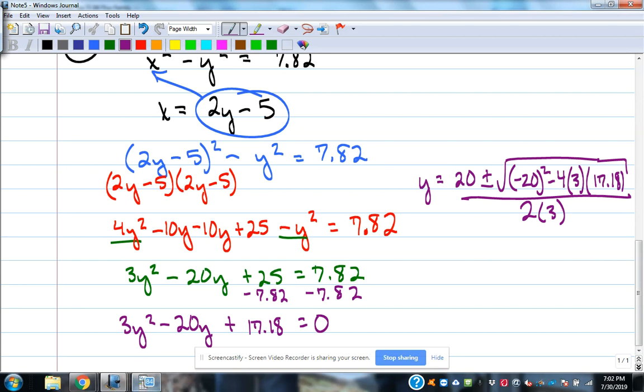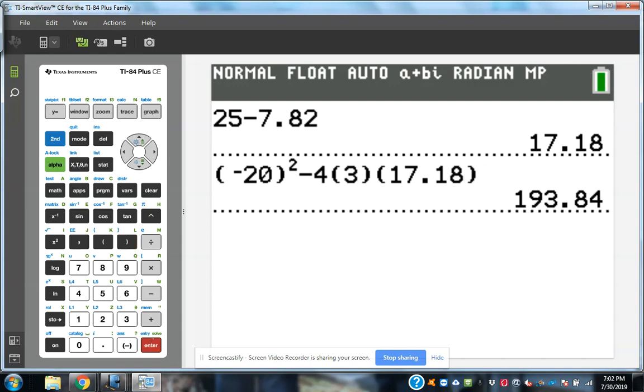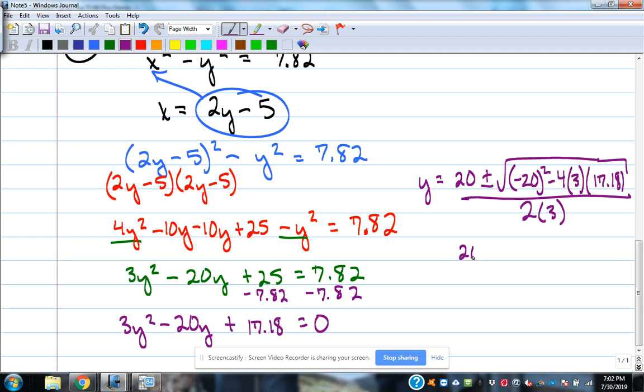So I'm going to use a calculator to help me. So negative 20 squared minus 4 times a times c. So 193.84 inside of the square root.